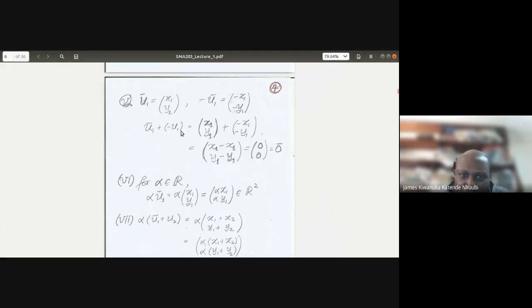So this vector here is called the negative of u1. And if you add that vector to u1, you get the 0 vector. So every vector in R2 will have a negative.